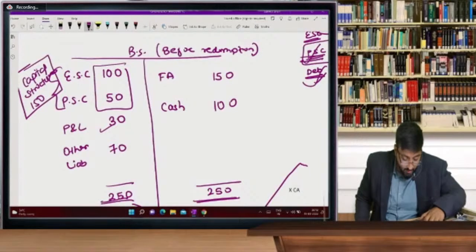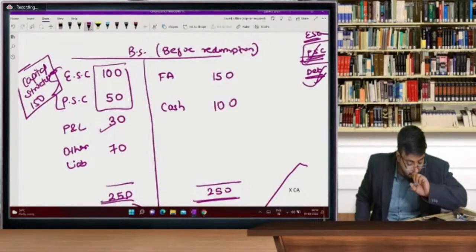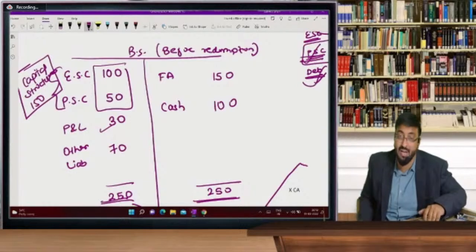Tell me over. No, beta. In exam, I will tell you the way, Yagnesh ji, I will tell you which accounts are important while doing the balance sheet. Yes.